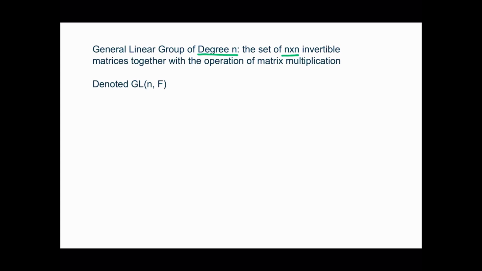Secondly, what are invertible matrices? An n by n matrix A is said to be invertible if A times the inverse of A is equal to the identity matrix, or A inverse times A is equal to the identity matrix.